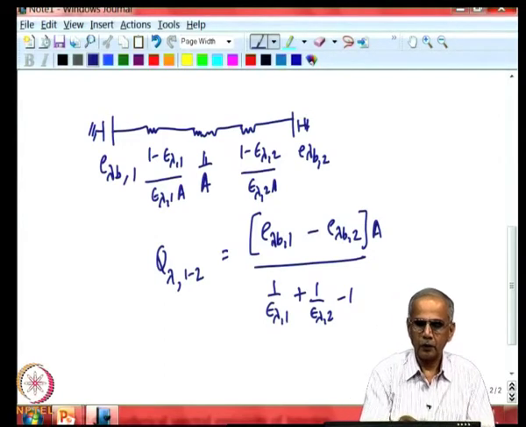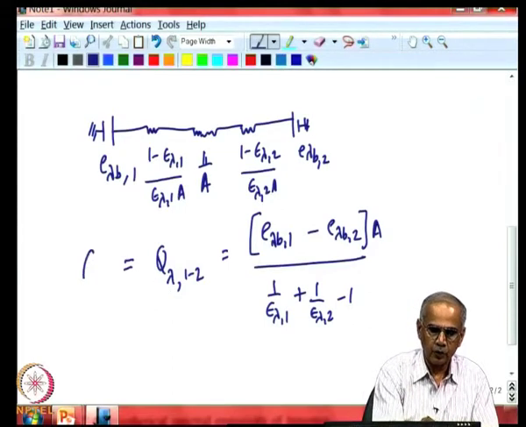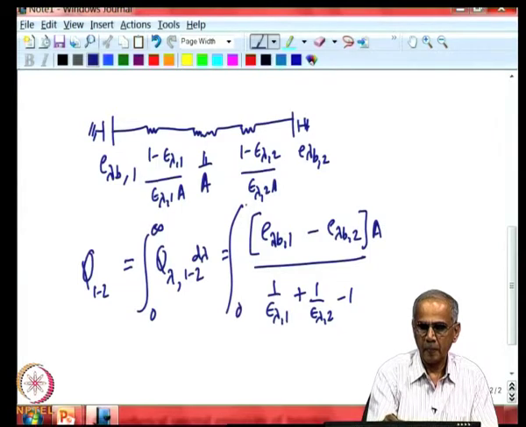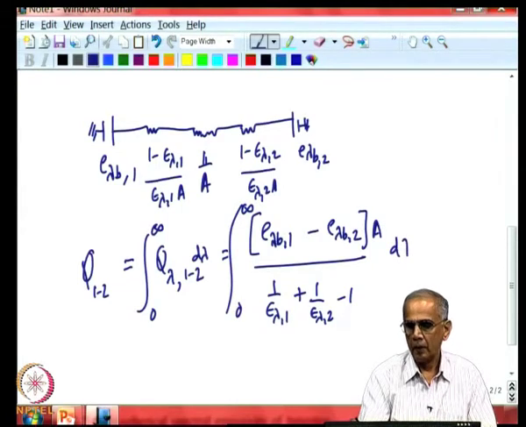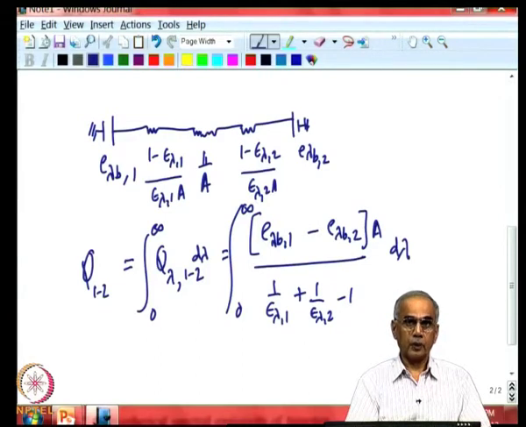So, this is for the interval d lambda. If you want the total heat transfer over all wavelengths, then you have to integrate this over d lambda, and this integration can get quite complicated.